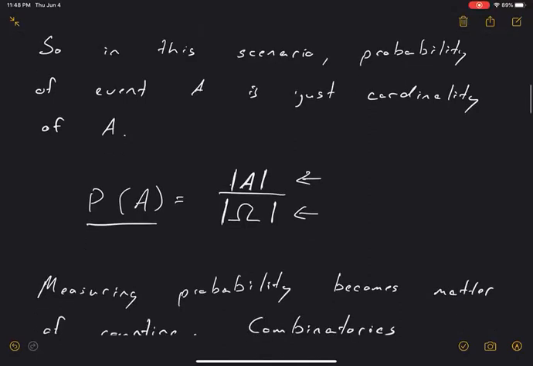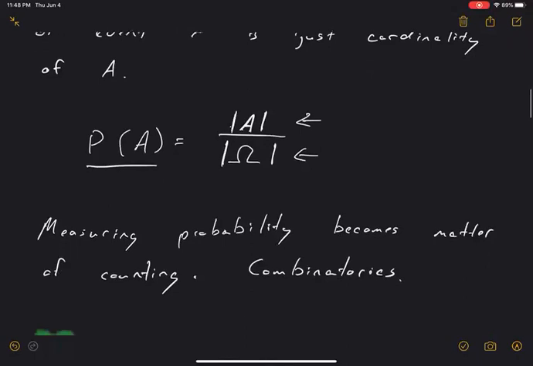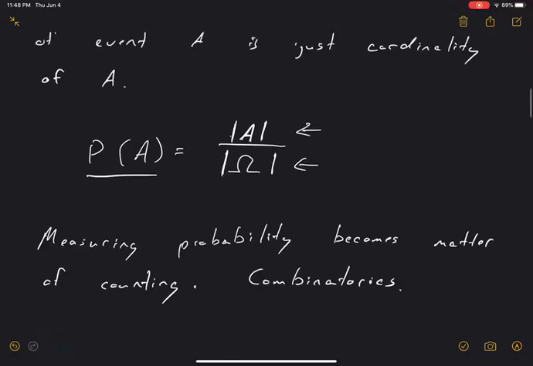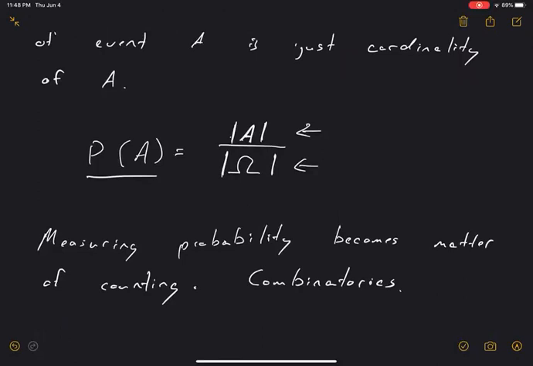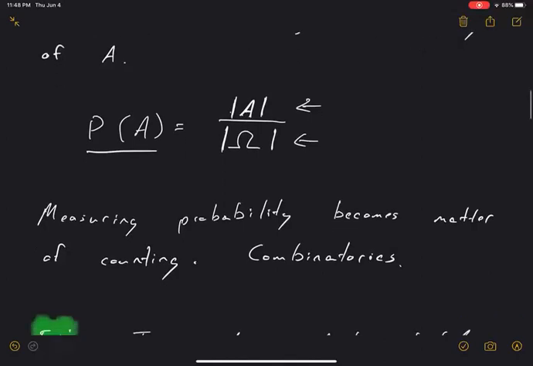And so measuring the probability of events really comes down to counting the number of elements in our event A, or whatever set we're talking about. So when I think counting and things like permutations, combinations, really that's all combinatorics, right? So what we're going to be using mostly for these finite sample spaces is techniques from combinatorics.